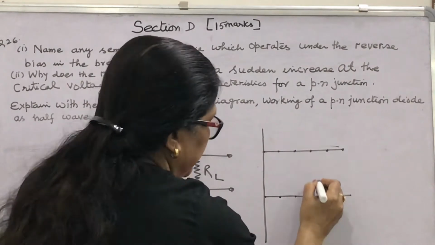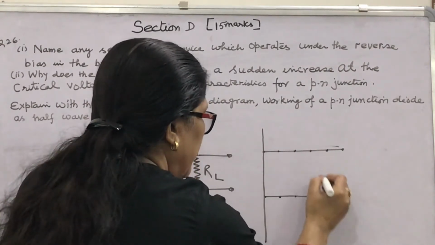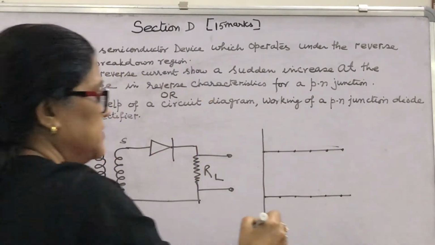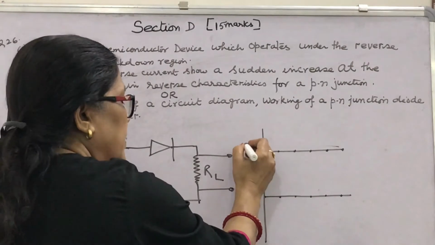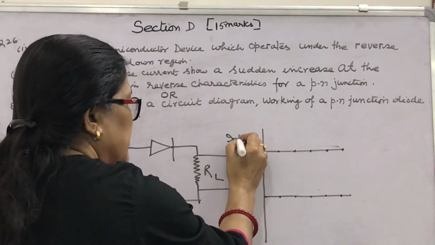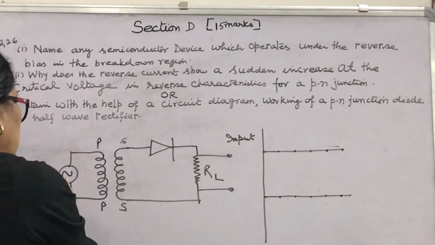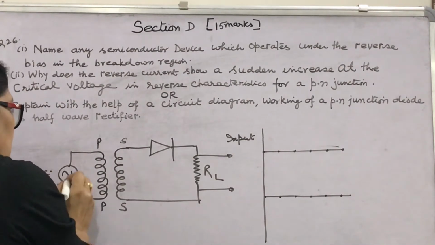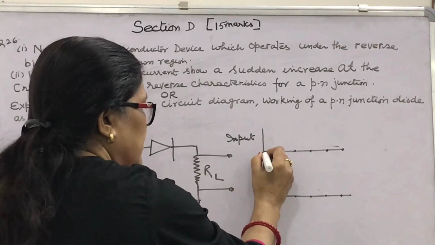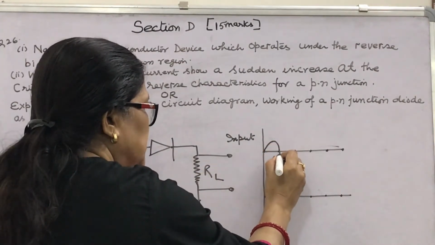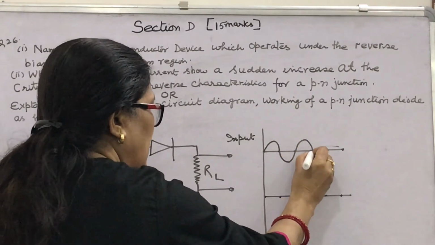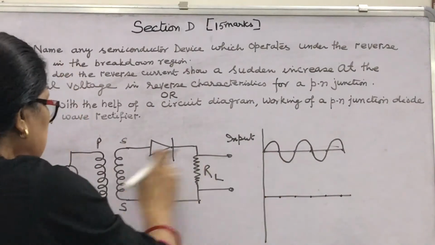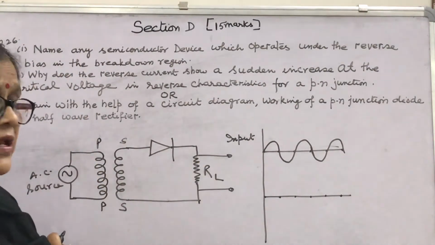Mark the points with the help of a scale and pencil. For the input, an AC source is applied; do the proper labeling. If the AC source is applied, the AC is shown like this sine curve. This input is applied across the ends of the primary coil.